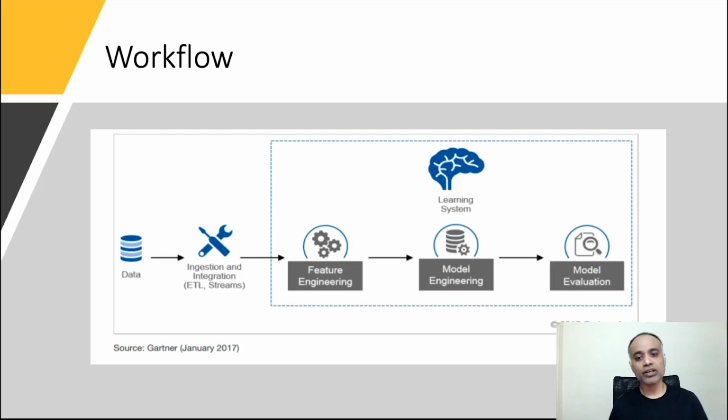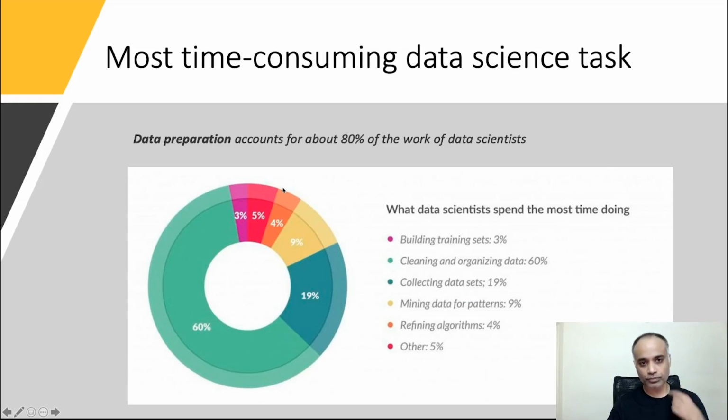Model engineering is nothing but applying the feature data, or all the different features. We try different kinds of models based on our problem, and then we look at which model is performing well after evaluation. Whichever model is performing well, we'll deploy to production. That's how the workflow is.